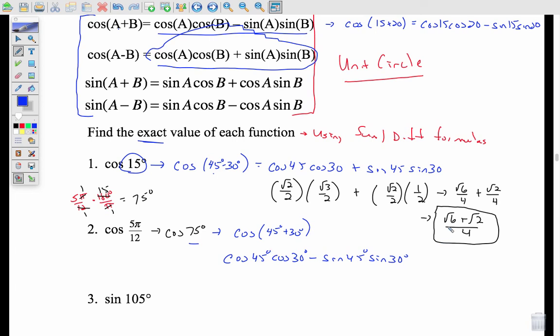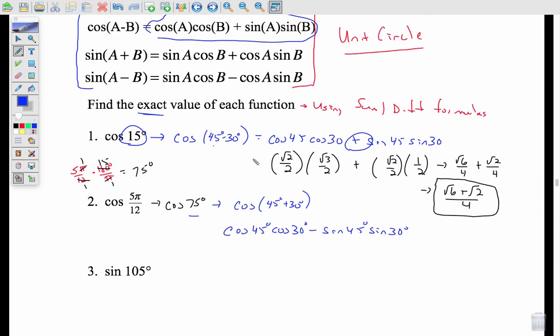So you probably notice very quickly here that we have the exact same setup as here, except we have opposite operations. So we could probably shortcut this a little bit, but I'm going to go ahead and write out the terms as we did last time. The cosine of 45 is square root of 2 over 2. The cosine of 30 is square root of 3 over 2.